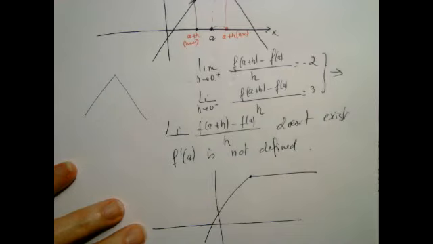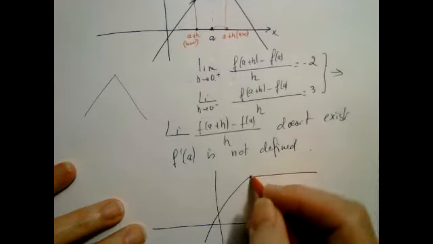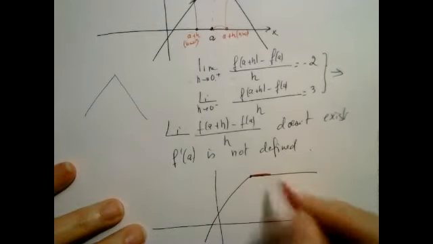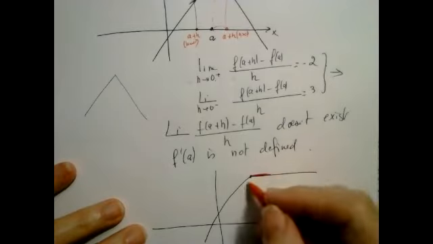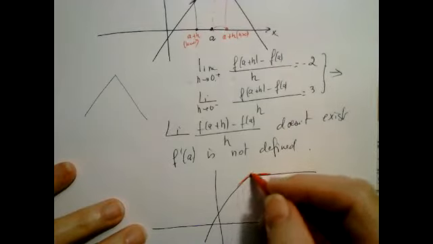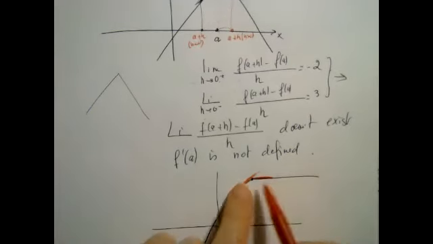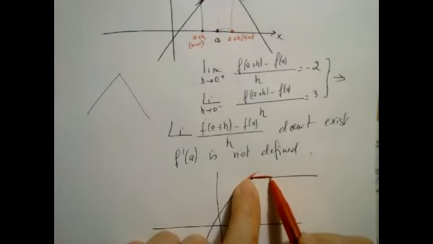this is a function where the derivative also doesn't exist, because if you think from the right, that's the tangent line. The slope is 0. From the left, no, that's the tangent from the left. So if I compute the slope of the secant line from the right, I get a 0.